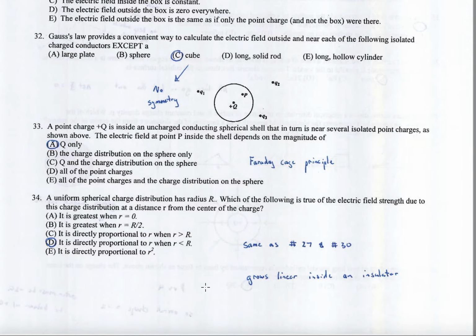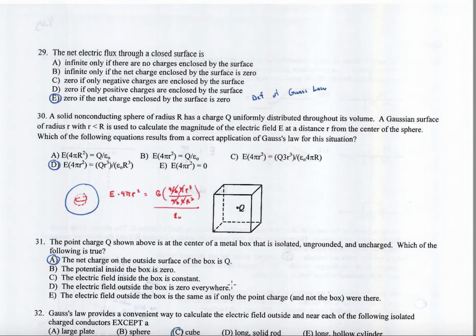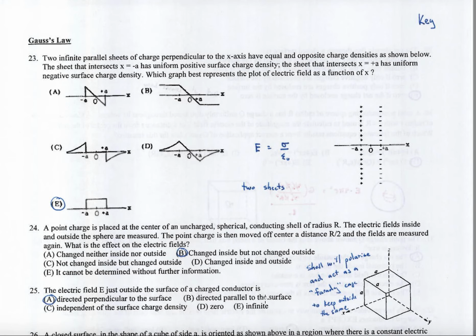When you're looking at Gauss's law, you have to be able to do point charges, metal spheres, insulated spheres, infinite sheets. Surprisingly, there was no question asked about an infinite line of charge or an infinite cylinder of charge. You have to be able to do those as well. I'm a little surprised it didn't come up, but maybe I'm saving that for a test.